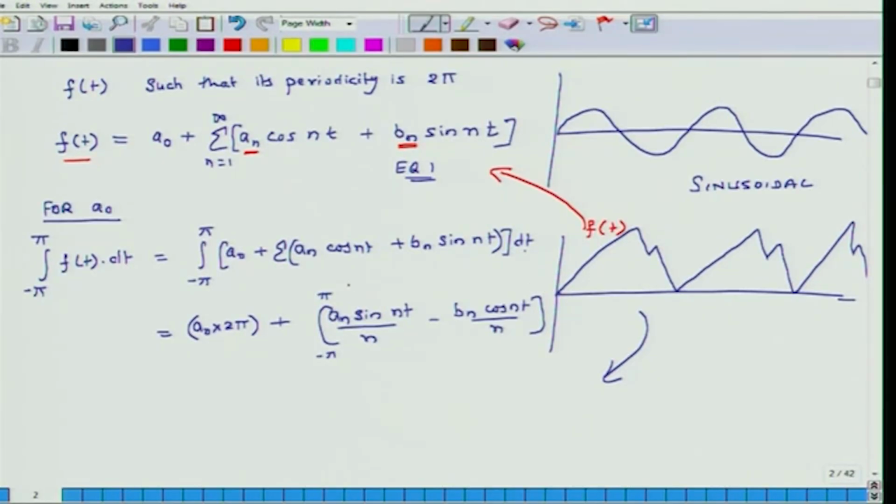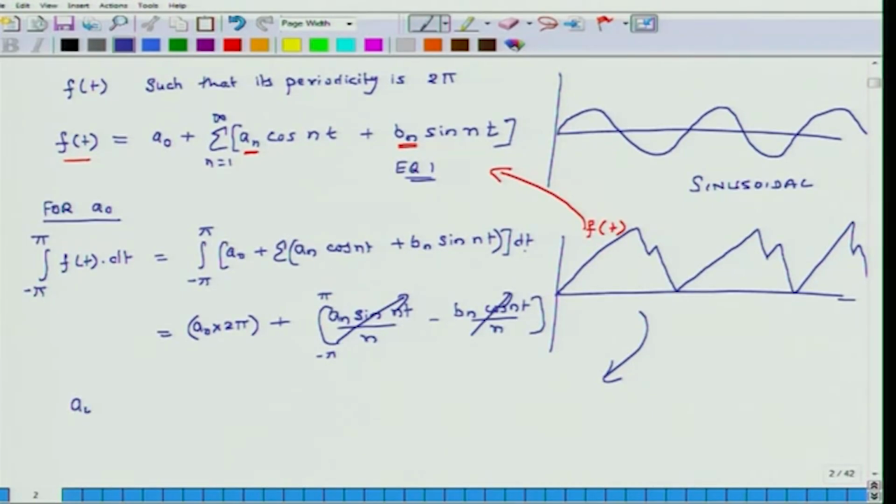So when I calculate the value of this thing in the limits minus pi to pi, sine when t is pi and n is always an integer, this term is always 0. And when t is pi or minus pi, it's an even function, so when I take the difference, this is always 0.